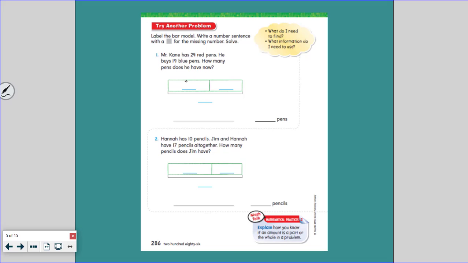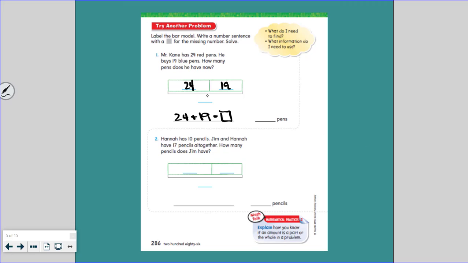So he had 24, right? He buys 19. How many does he have now? That's what we have to figure out. We have to combine these two numbers. So we're going to write in our blank for our number sentence 24 plus 19, and if I'm going too fast at any time, just pause, equals, and then we're going to draw a box because we don't know what it equals yet because we haven't solved it.